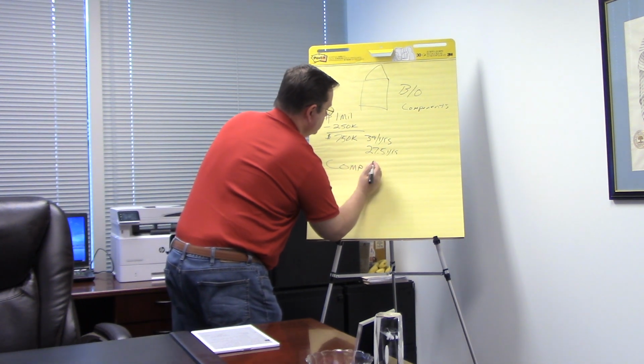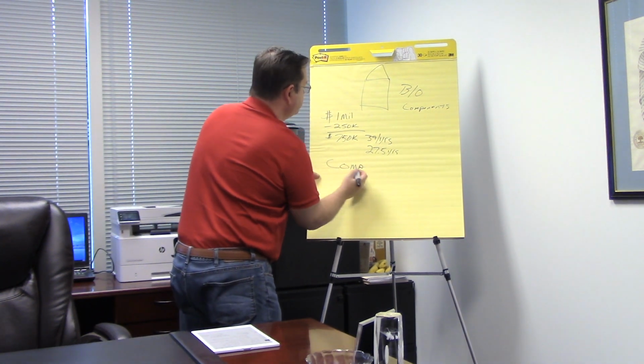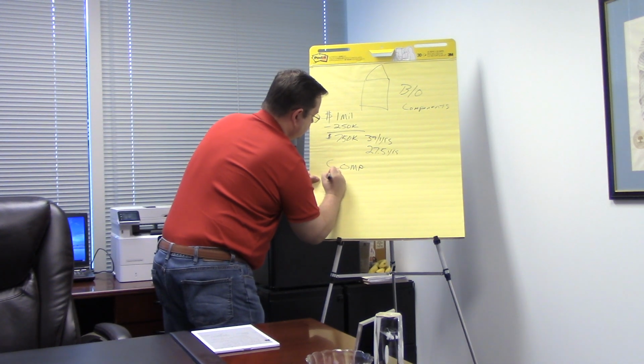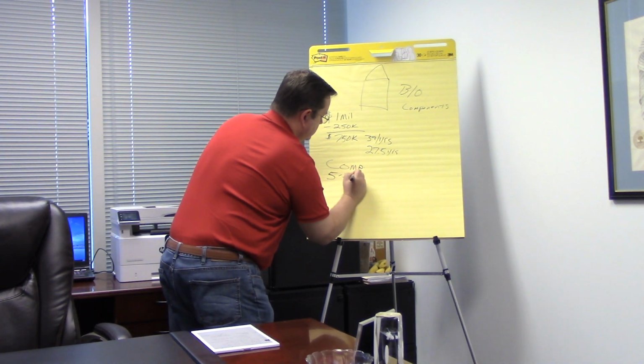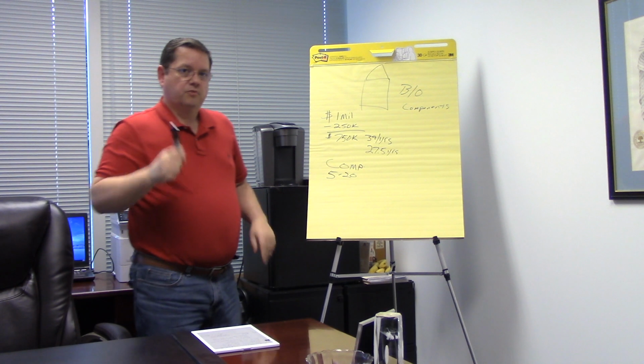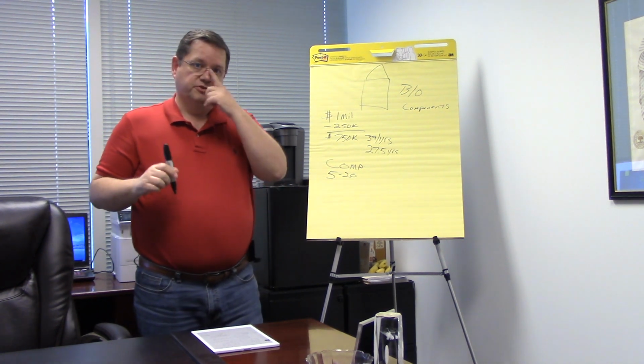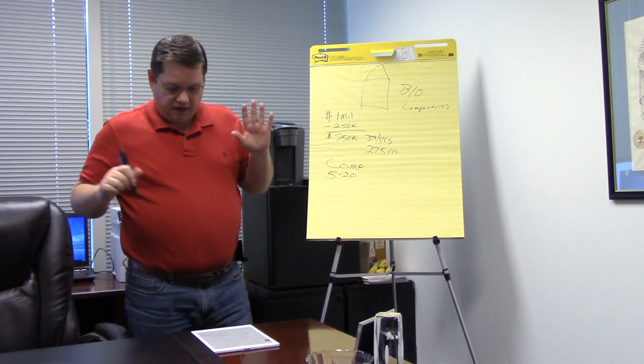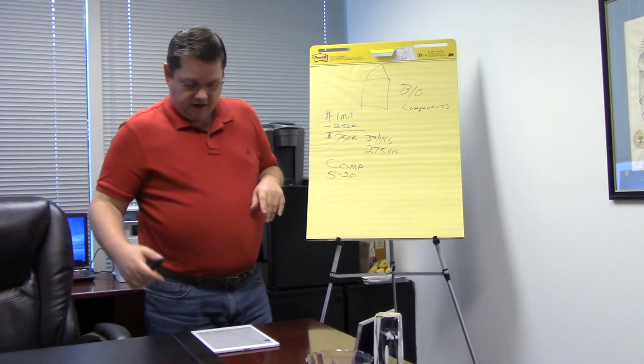So, if we go in here and we take out the components, we can depreciate them for between 5 to 20 years. And hey, right now we've got this thing called bonus depreciation, which means we could write it all off right now.